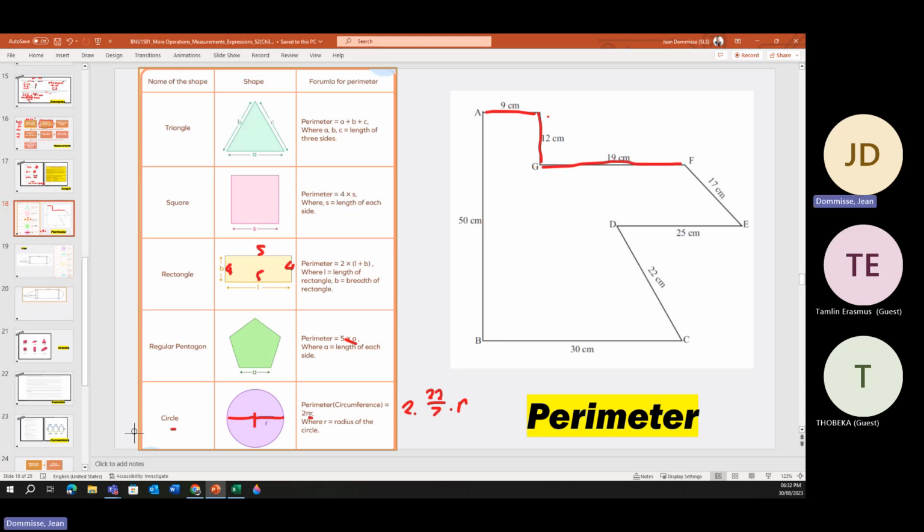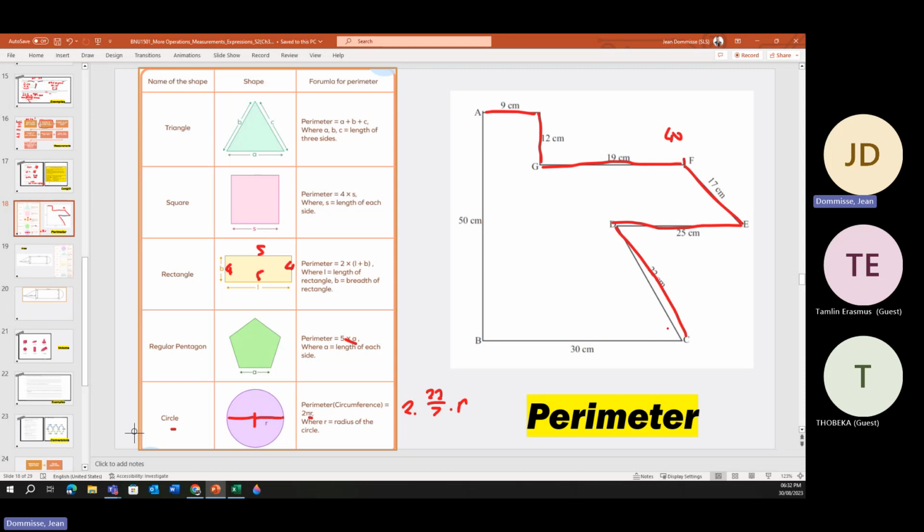So that already is 21, up until there is 40. Then we're going to say plus 17, that is 57, plus 25. So 57 plus 25 is 82.